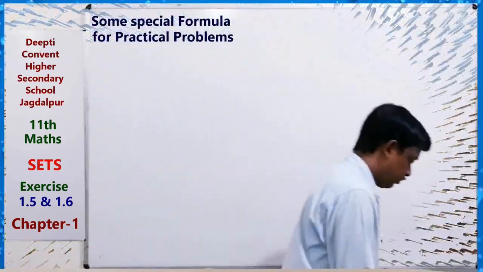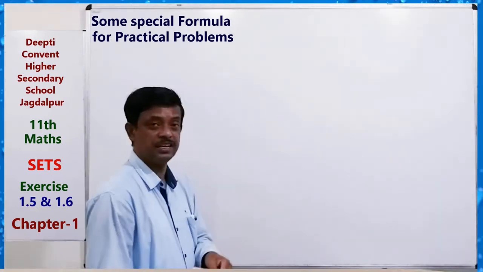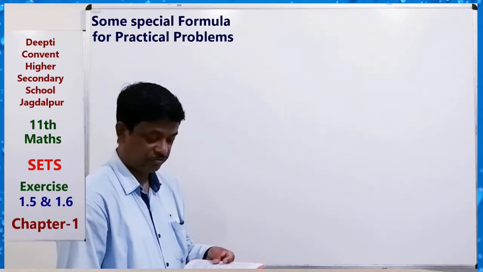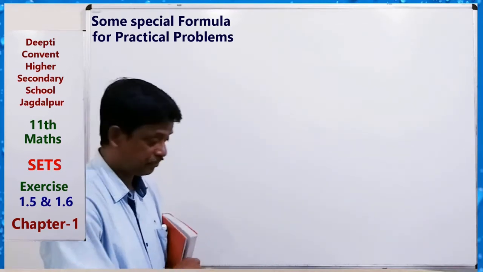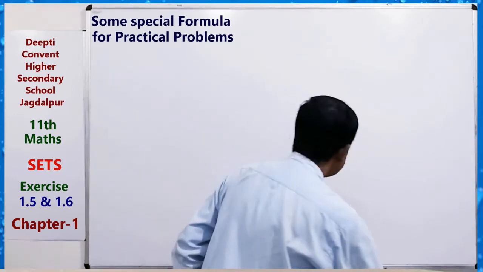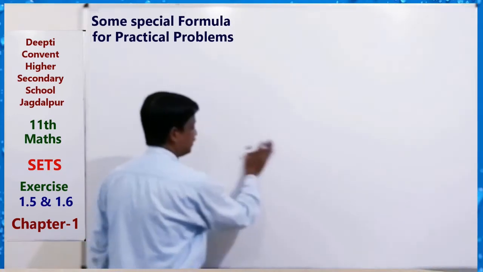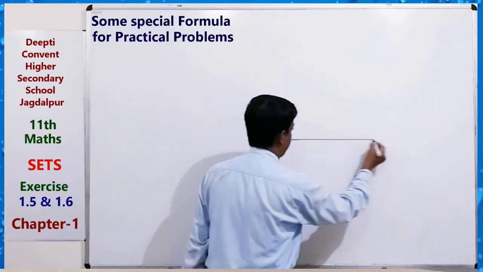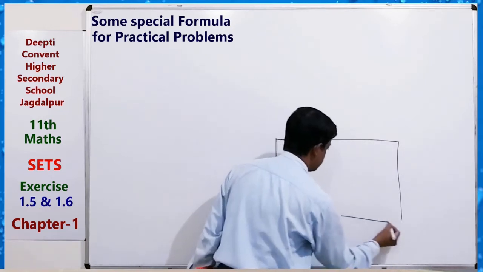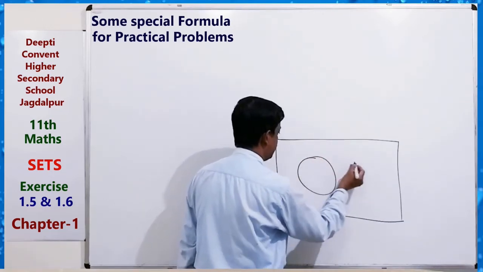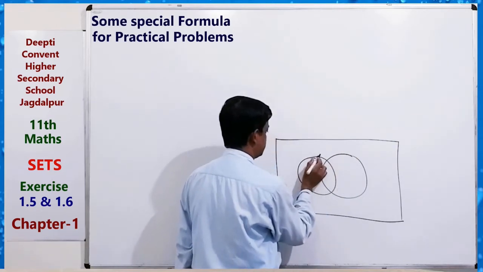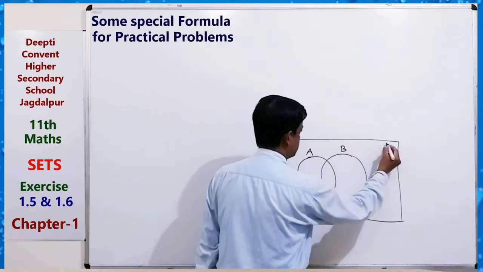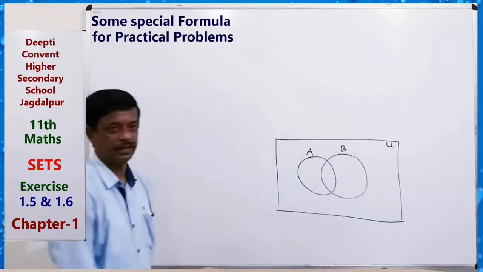Okay. So for the 1.6 exercise, we have to first derive 2-3 very important formulas. First formula is here. Consider this diagram. Suppose A and B are two sets, set A, set B. This is the universal set. The Venn diagram is this.